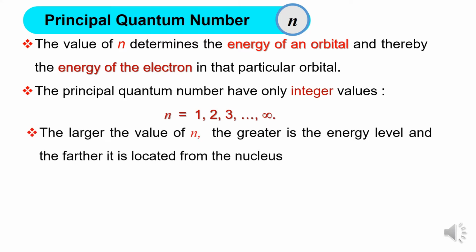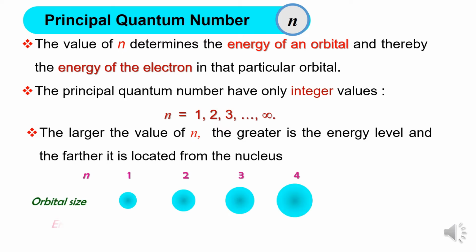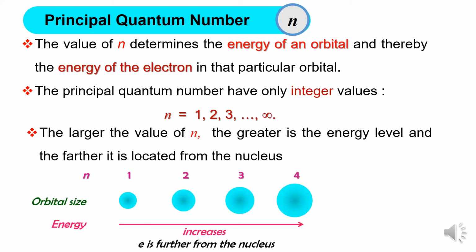The larger the value of n, the greater is the energy level and the farther it is located from the nucleus. As you can see, the size of the orbital becomes bigger as the value of n increases.